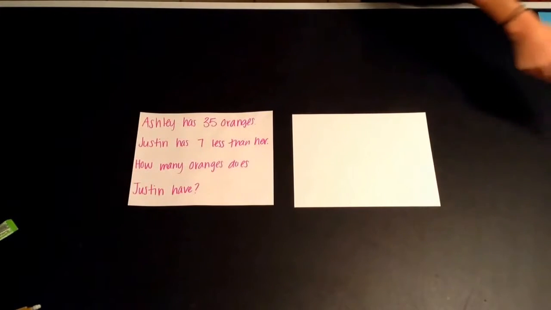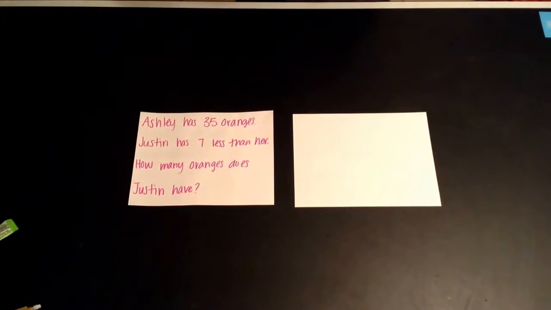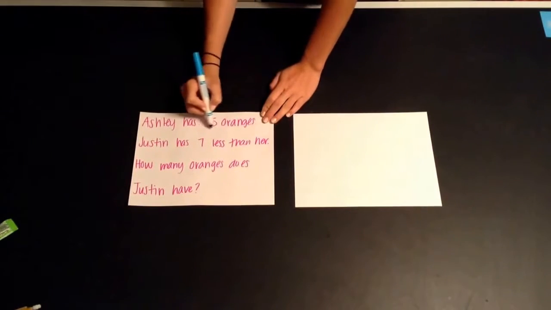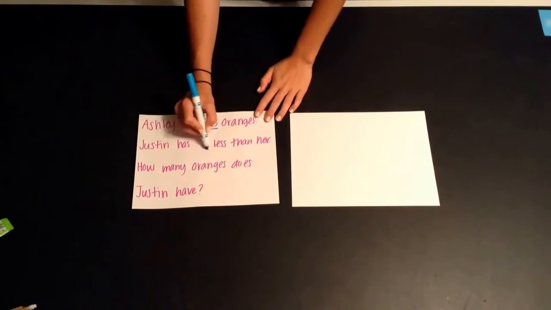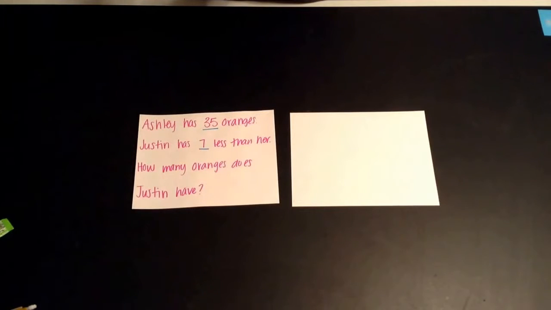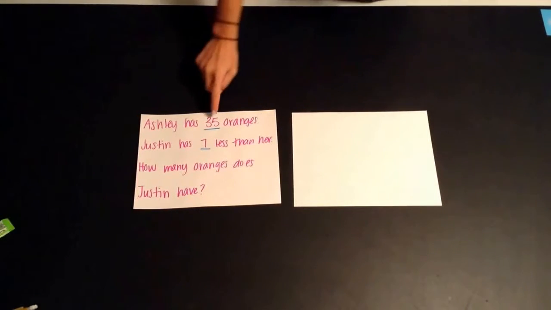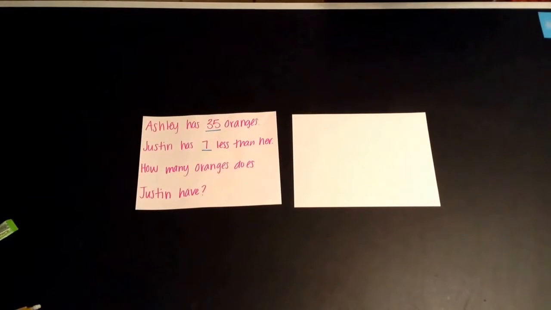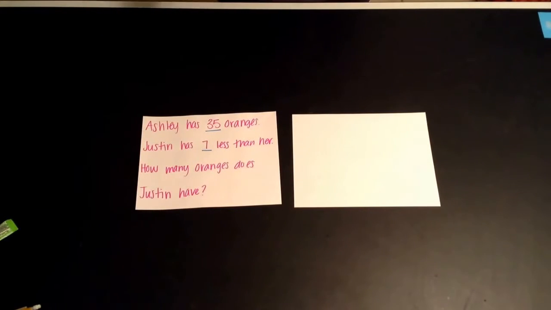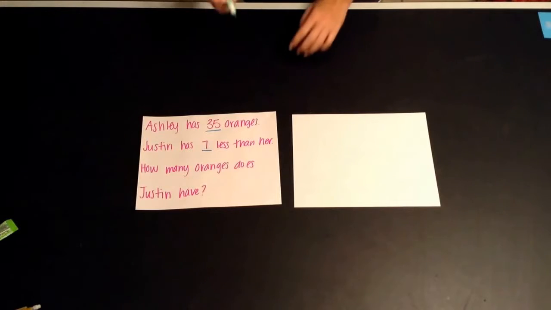So first, we're going to highlight and underline some important things in our problem that we need. So we see that Ashley has 35 oranges, and Justin has 7 less than her. How many oranges does Justin have? So now that we underline our two numbers in the problem, we're going to circle what we're looking for. So we're looking for less than.